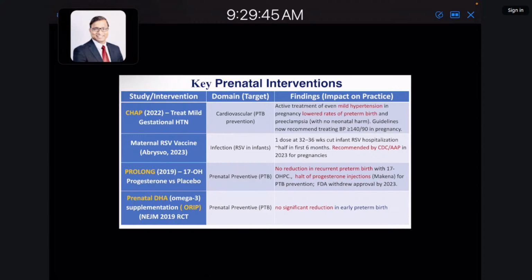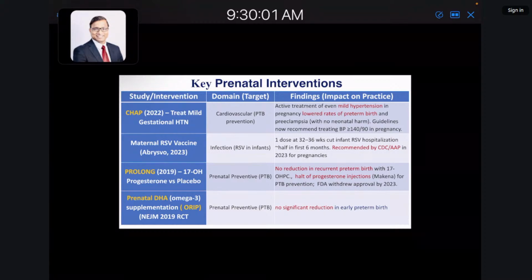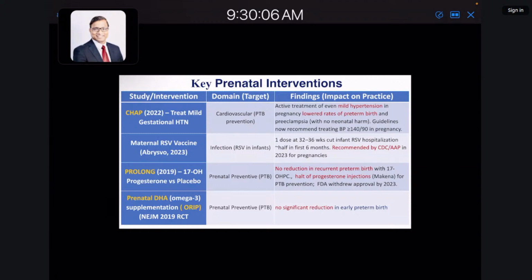This supports earlier treatment of maternal hypertension in pregnancy. Then there was the PROLONG trial for 17-hydroxyprogesterone, which showed that it did not reduce recurrent preterm birth compared with placebo in women with prior spontaneous preterm birth, leading to withdrawal of progesterone approval for this indication.